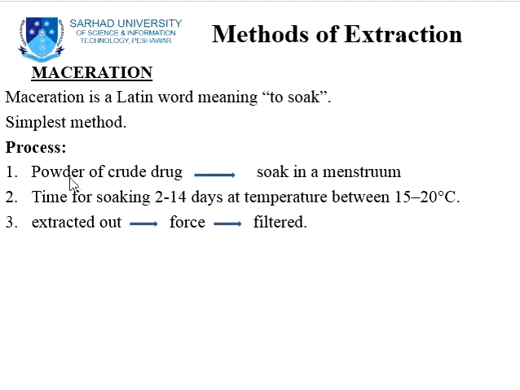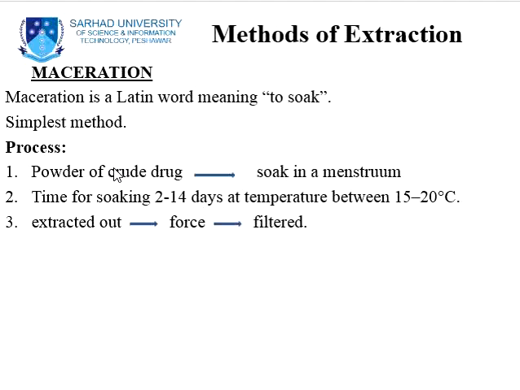Number one, in this method, a definite quantity of properly comminuted, crushed, or moderately coarse powder of the crude drug of plant is placed or soaked in a wide container containing menstruum and the vessel is closed tightly.